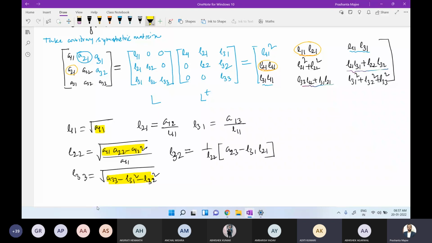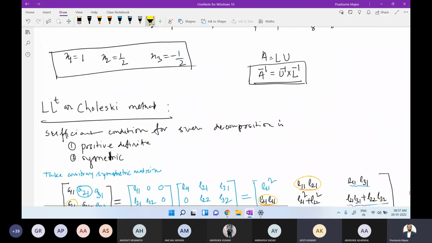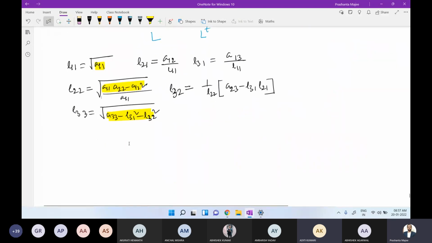Once you get the L matrix and L transpose, the remaining part is the same as the LU decomposition method. You simply replace U by L transpose. So now what will be happening?